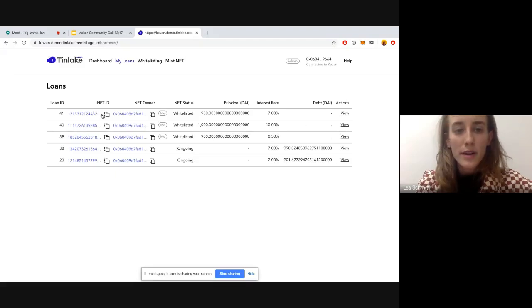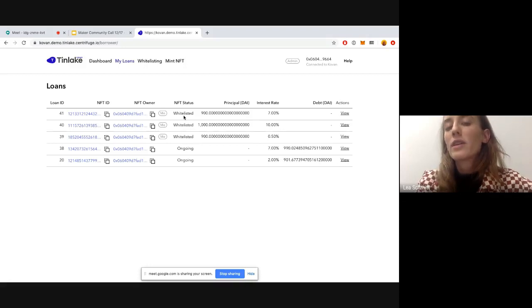So here are my different assets. They're listed. For example, I already took out a few loans, and these are the NFTs or the assets that I submitted and that have been undergoing a risk assessment, and they are whitelisted already.